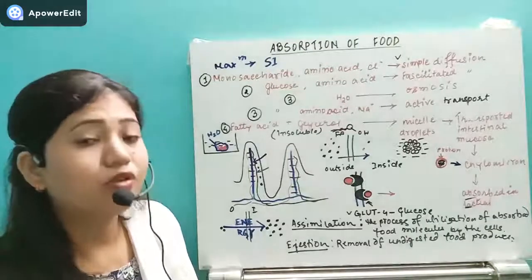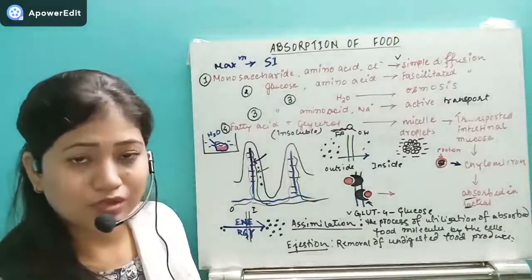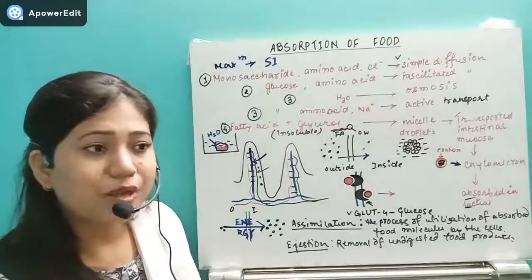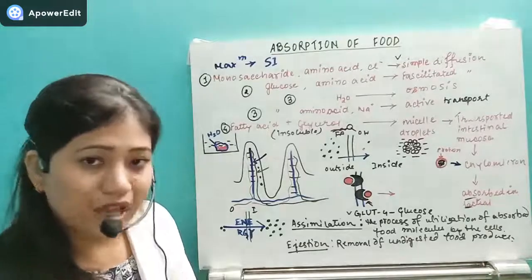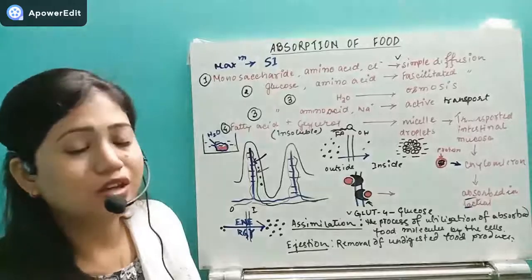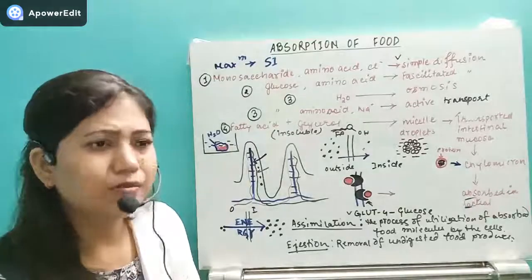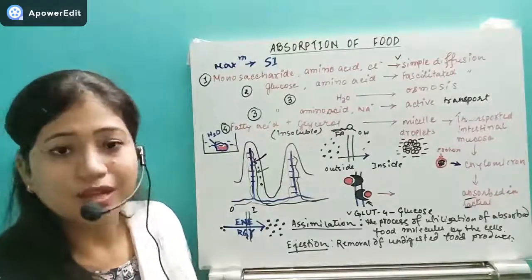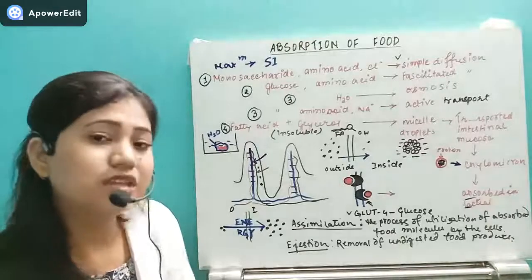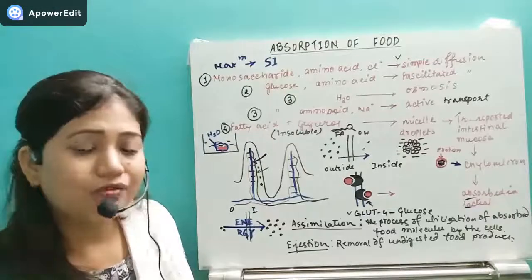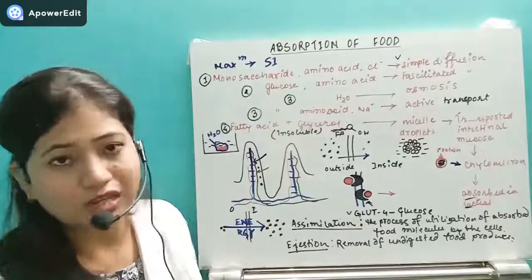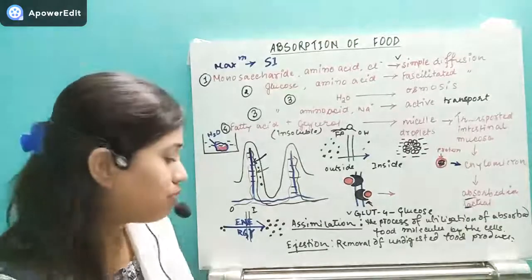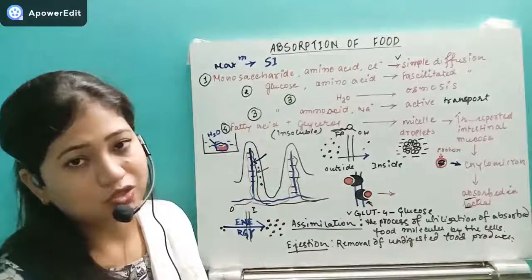The medulla oblongata receives the stimulation. It produces a sensory impulse, and due to that we remove the waste particles by a number of actions of muscles, the sphincters present in the anal structure, and from the anus we remove the undigested food molecules. That process is called the egestion process.